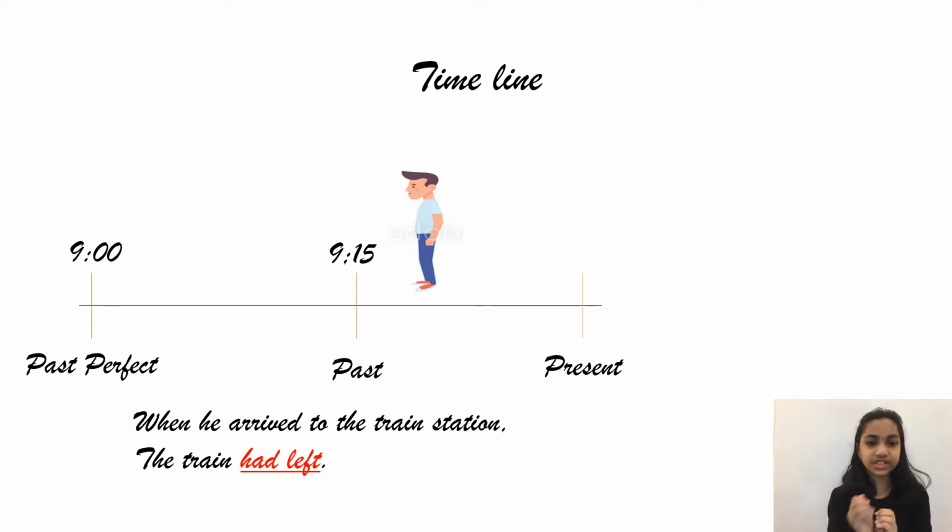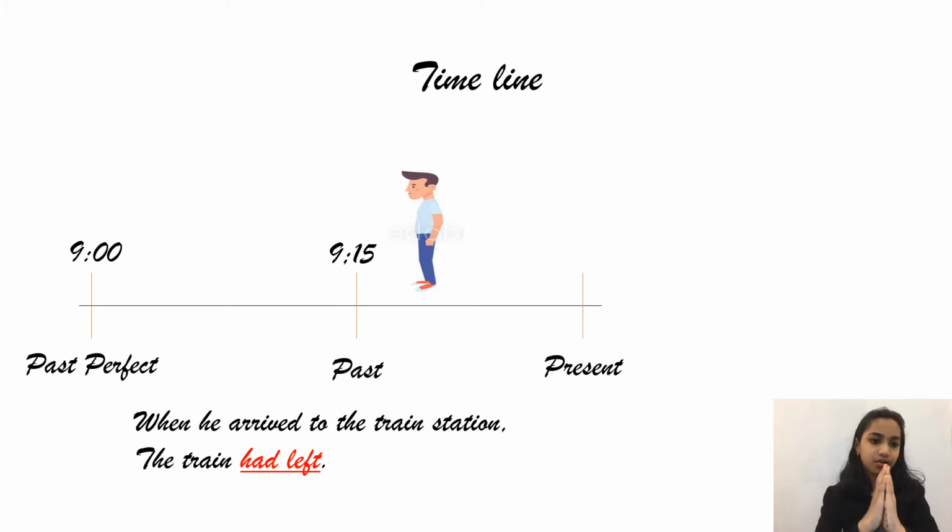Instead of just writing the train left, we use had. Just place that had. Over here, what is the subject? Yes, it is it, the replacing pronoun.